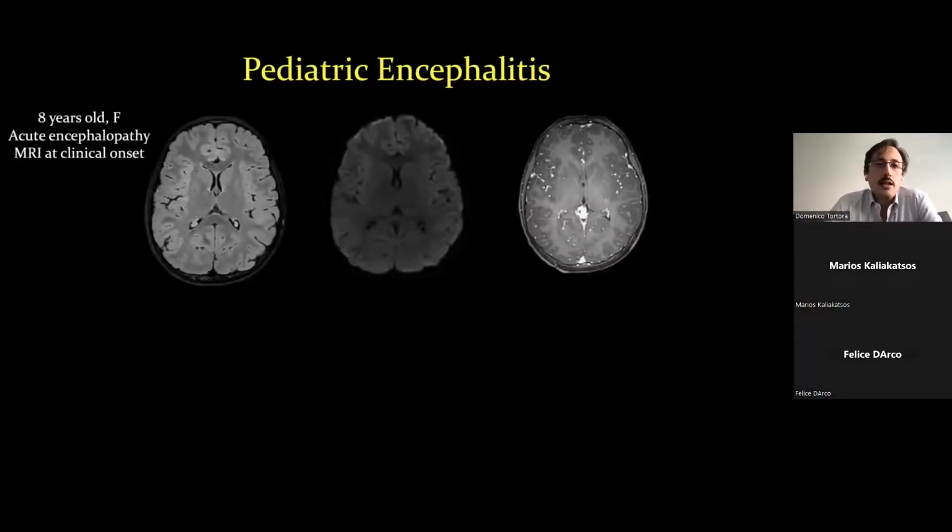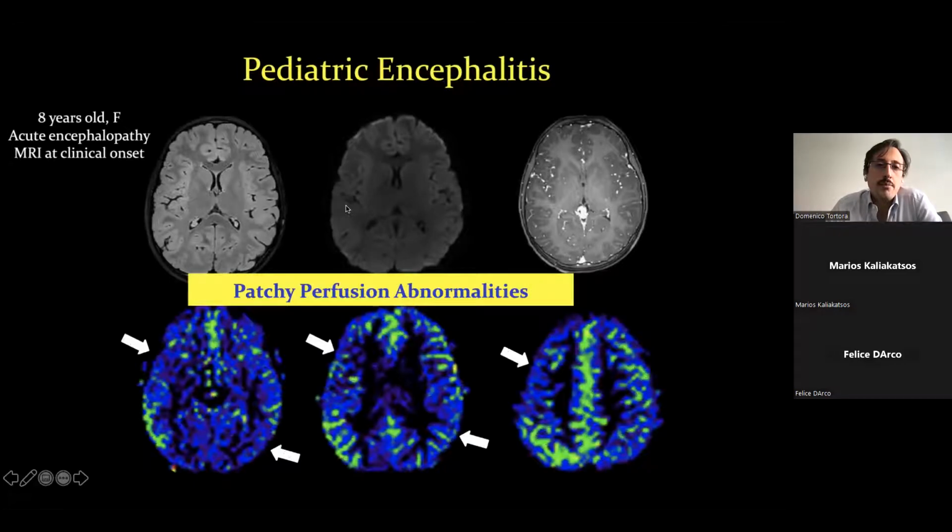This is a case of a girl, 8 years old, with acute encephalopathy. These are MR images acquired at clinical onset. You can see no lesion on FLAIR and DWI, no contrast enhancement.